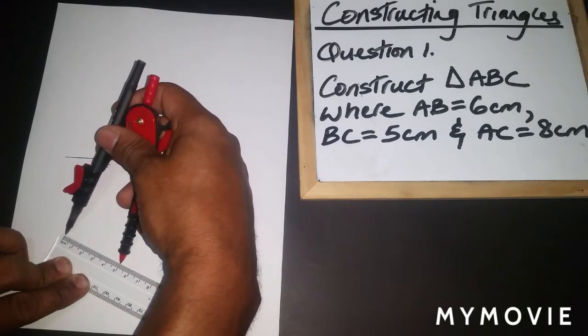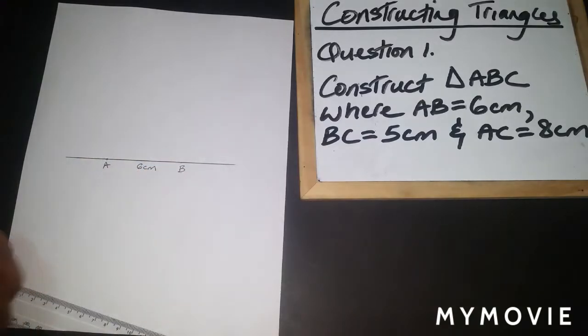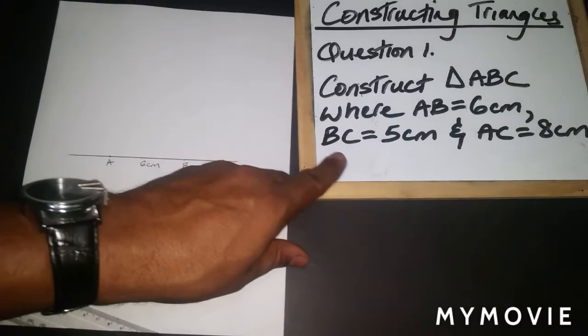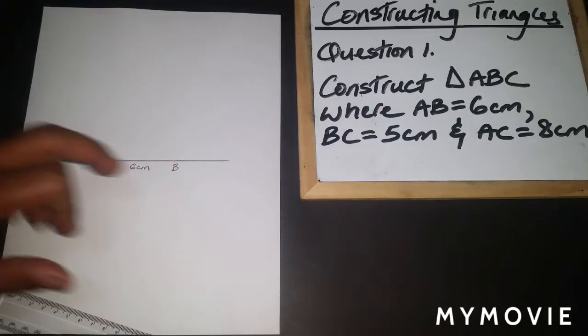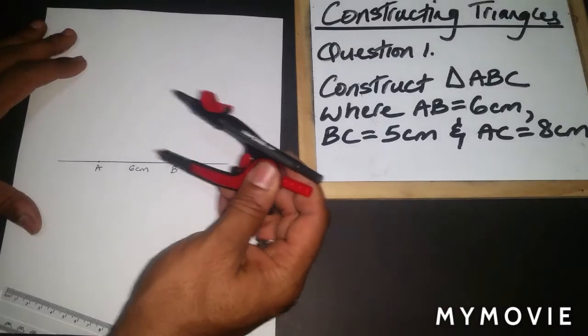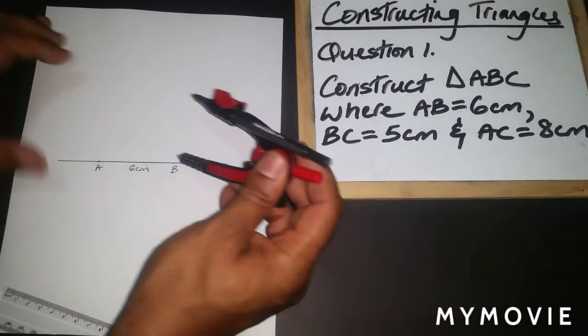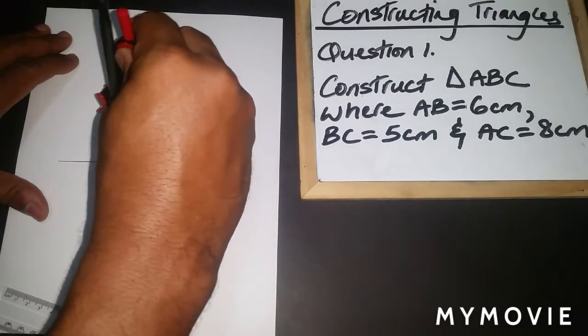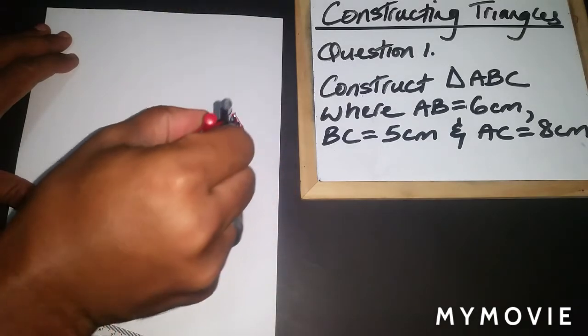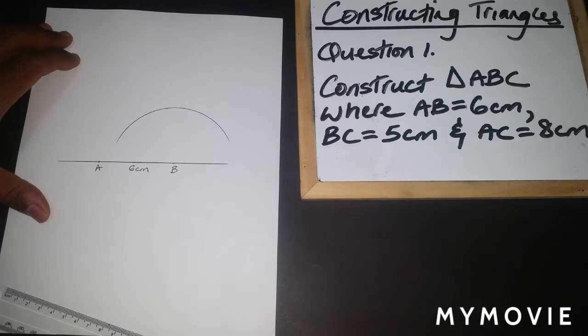Alright, so you can see here that that is 5 centimeters. It says the length of BC is 5 centimeters. So we're going to put the compass point at vertex B, which is here, and we're simply going to swing an arc. Just like that. As simple as that.